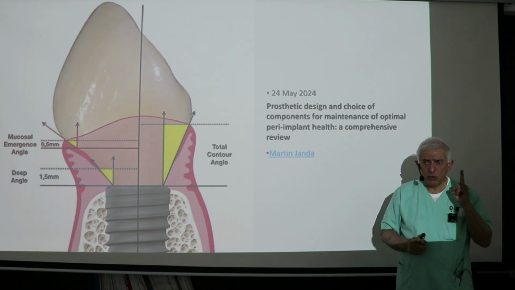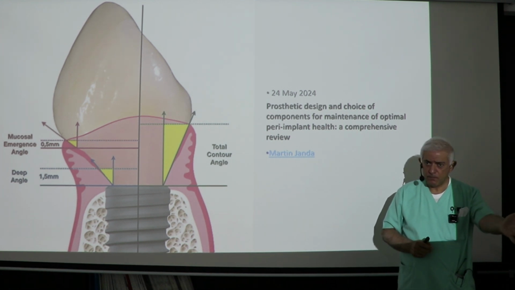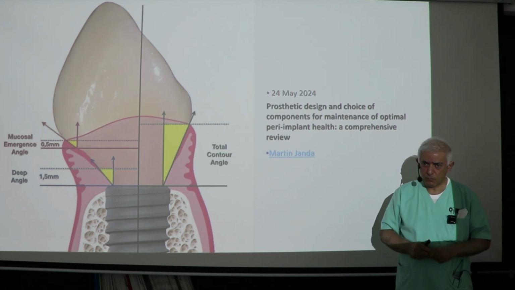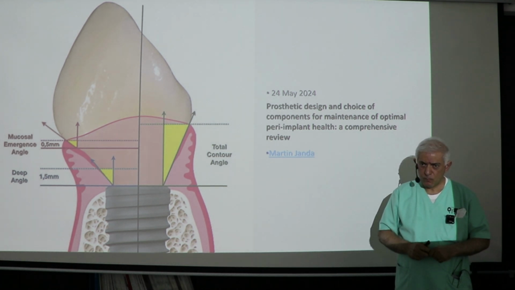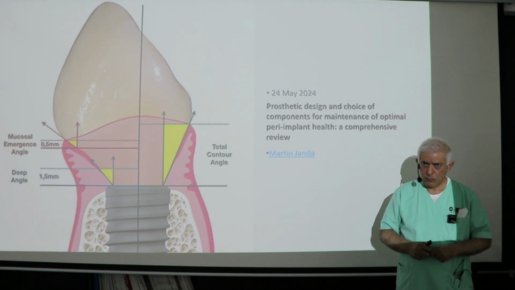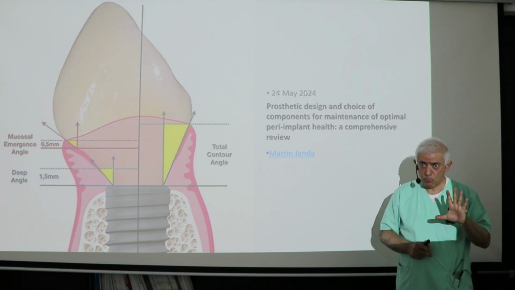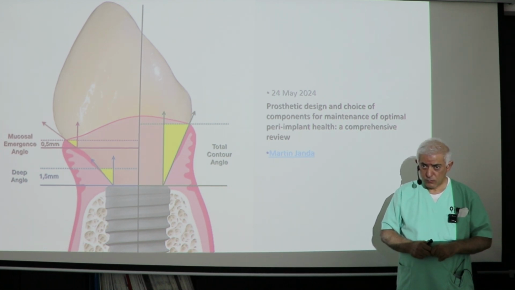That's why, what was the first element of the rule? But we said before, one second, platform switch, but we said before that the bone will go down till the first thread or till the platform switch. It will not stay up. Yeah. If we put the implant 3 millimeter below, the bone will go till the first thread.